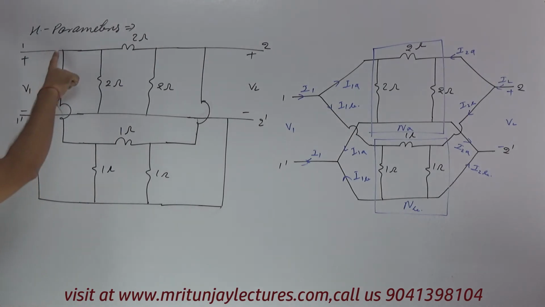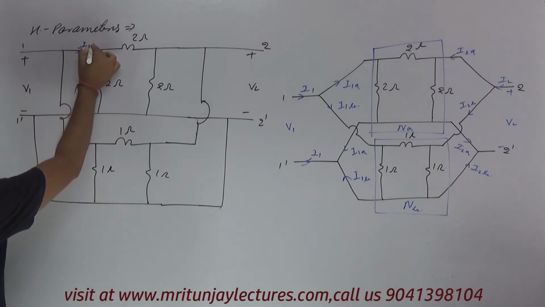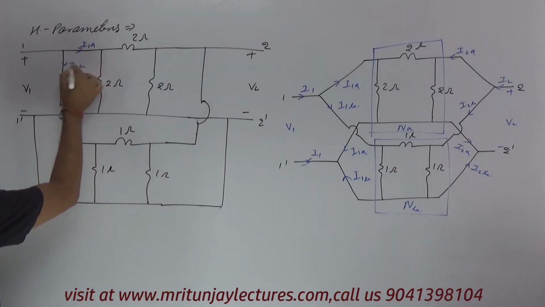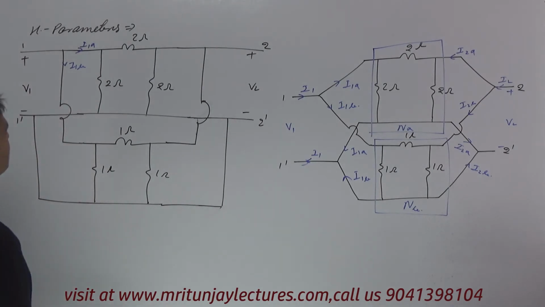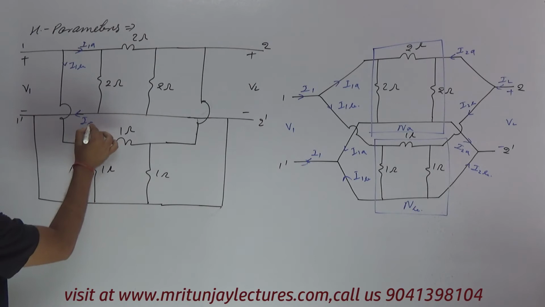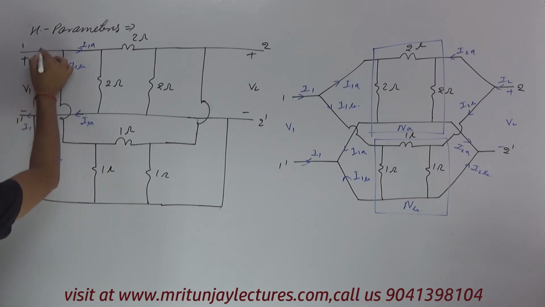Now both are parallel, clear, because this is I1A, I1B, same thing here also, I1A and here I1B, so I1, and here I1.